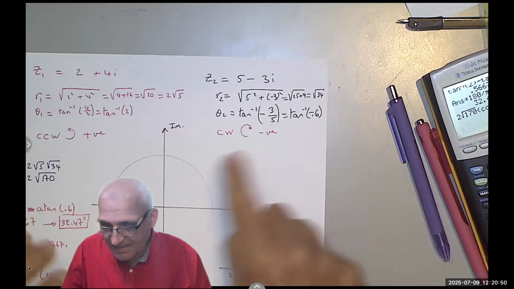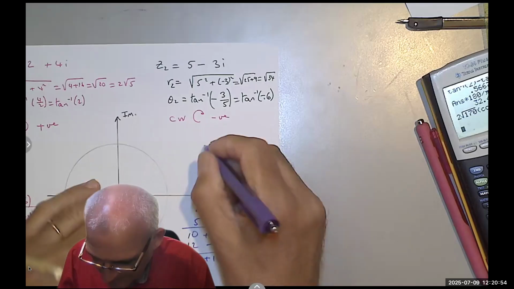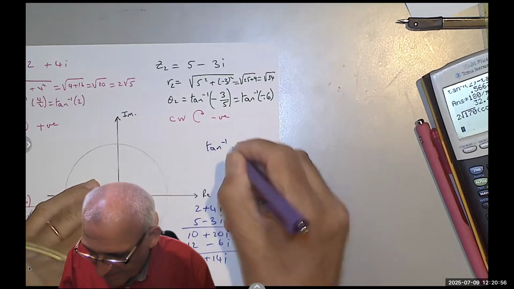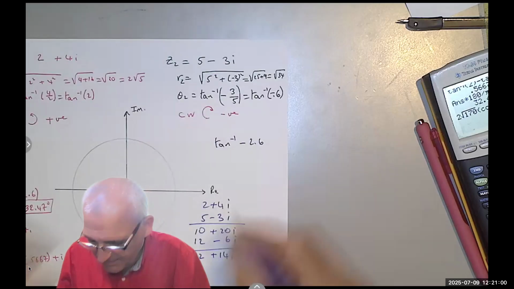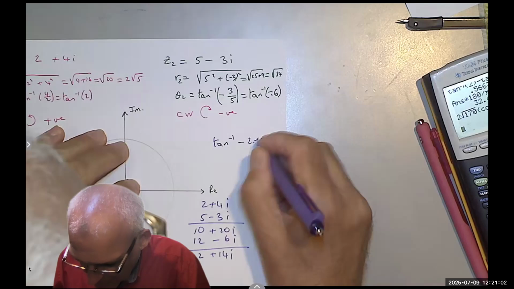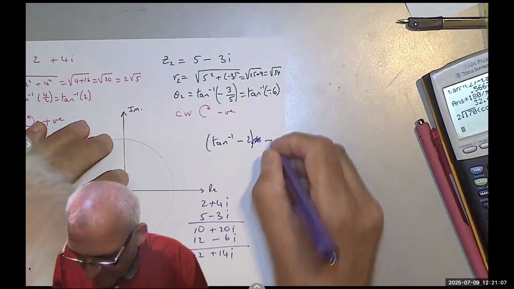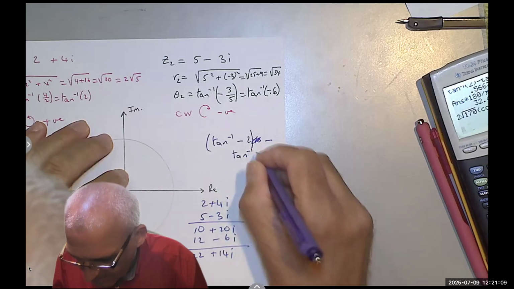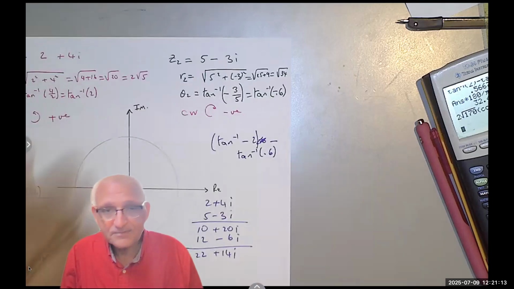So the angle would be arctan negative 2, let's say, and then minus arctan 0.6. I said negative, so 0.6.